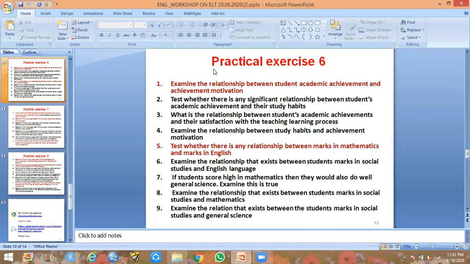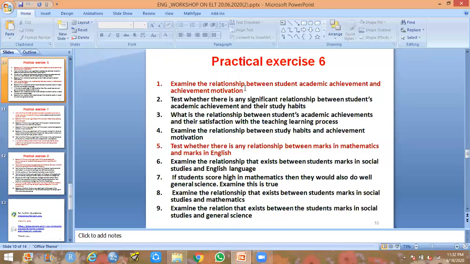Now my wish is to test whether there is any relationship between two categorical variables. One is academic achievement and another one is achievement motivation. How can you examine the relationship between these two categorical variables?